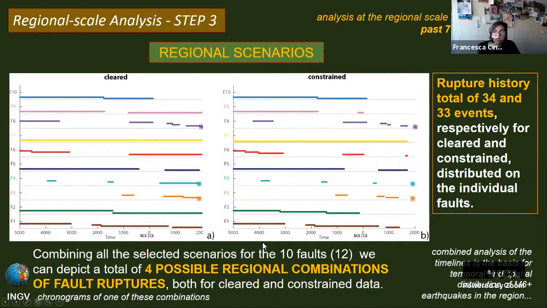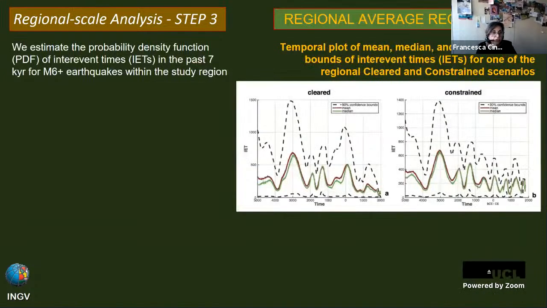And in general, I can say that the reconstructed rupture history has a total of 34 and 33 events distributed on the individual faults. So the combined analysis of the earthquake timelines is the basis for the temporal and spatial distribution of magnitude 6 or larger earthquakes in the region.